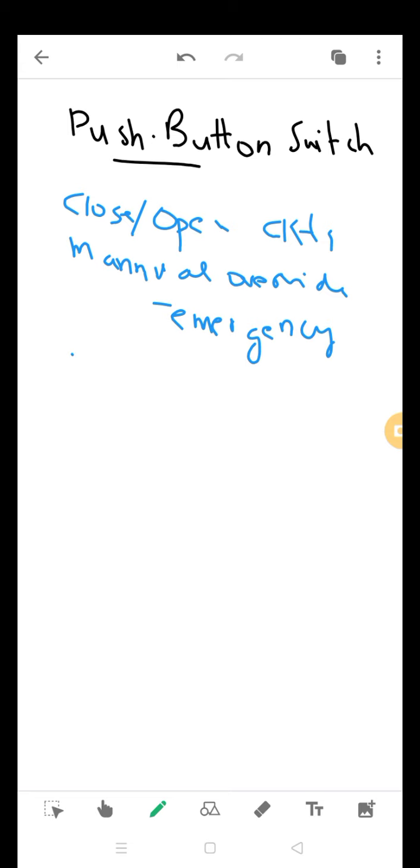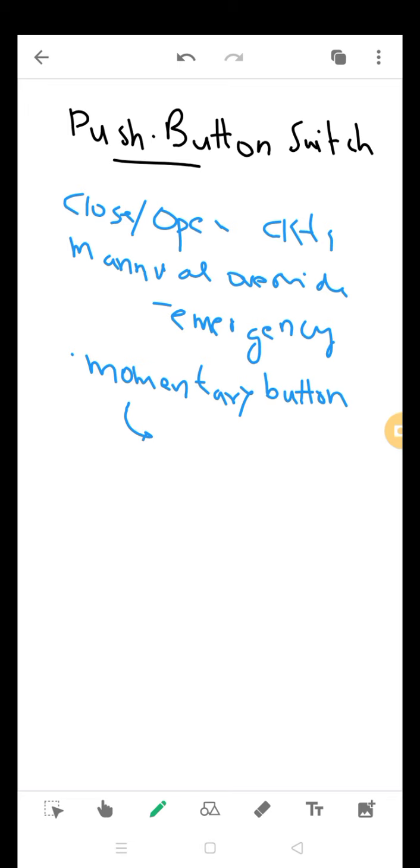They also have something called a momentary button. Now, these momentary buttons are returned to their original positions when they are released.